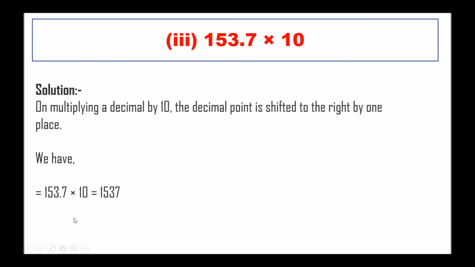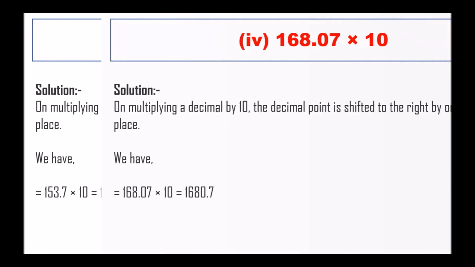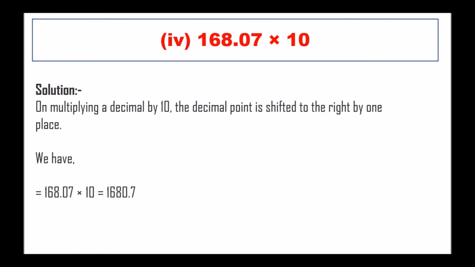If we remove the decimal point, it will become 1537 upon 10. 10 will cut, so it will become 1537. 168.07 into 10. If you multiply the decimal by 10, the decimal point is shifted to the right by one place. So it will become 1680.7.